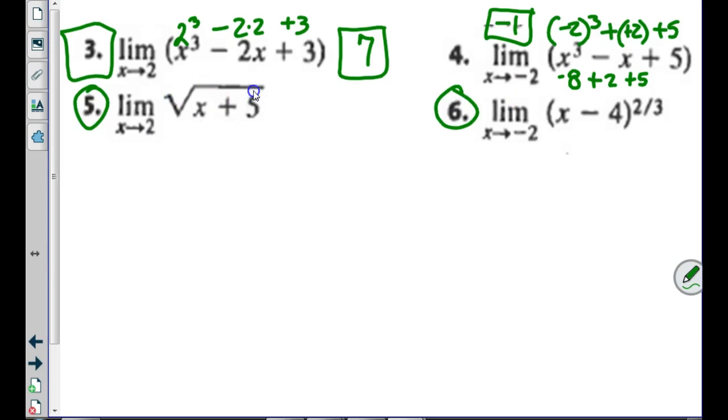All right. This is not defined at all places, and we actually had a question like this yesterday that I did wrong. This is a graph that looks like this, and we can graph it on the calculator. The question yesterday asked us something like this. It was a more complicated question.